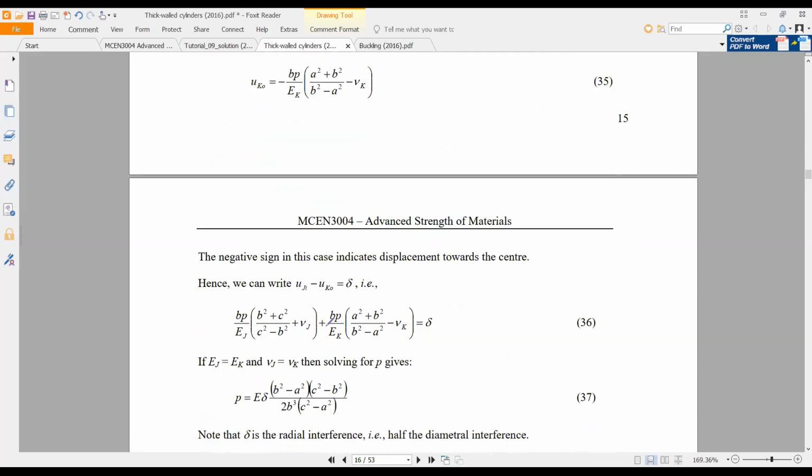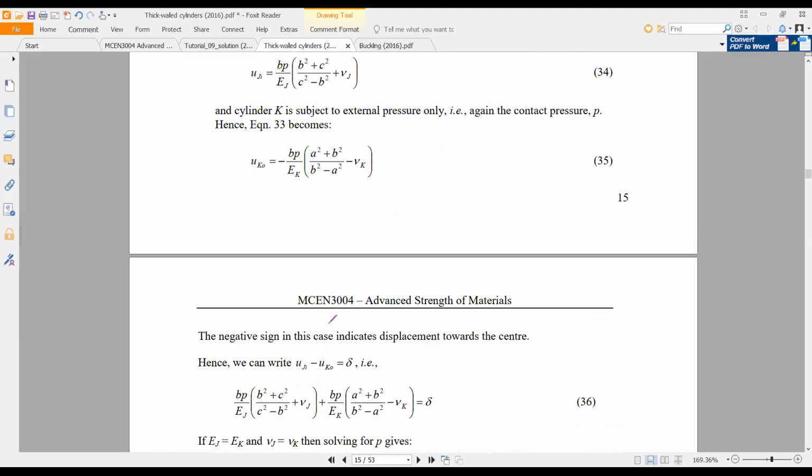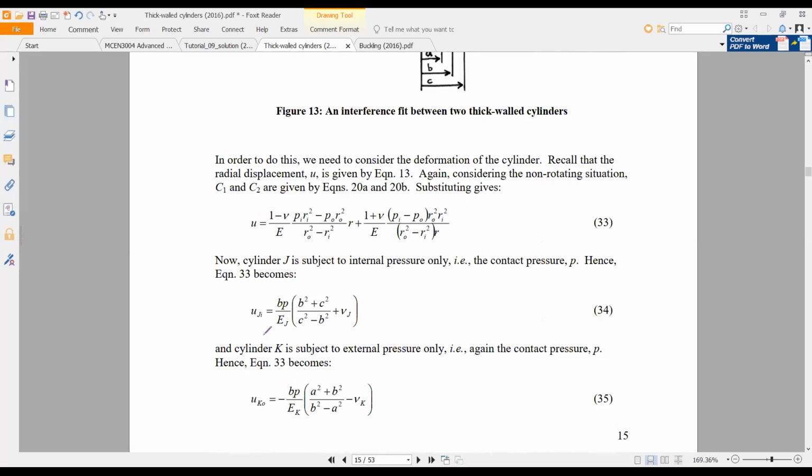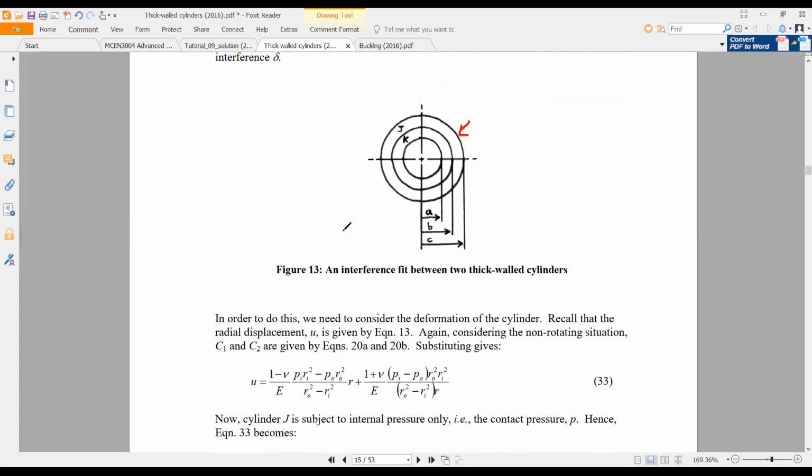So then, if there is any displacement at the interface of these two cylinders, there should be a difference between these two. That is the main thing. So you can get the difference between these two, because due to K, J is going to expand.